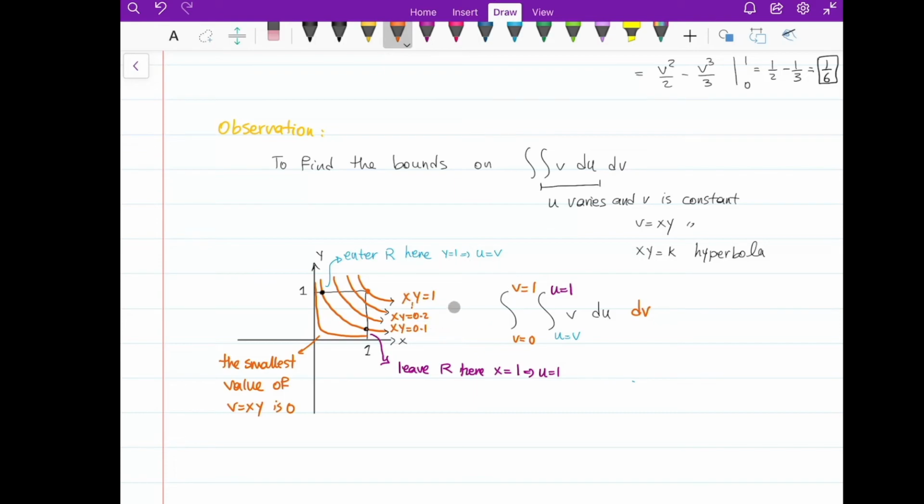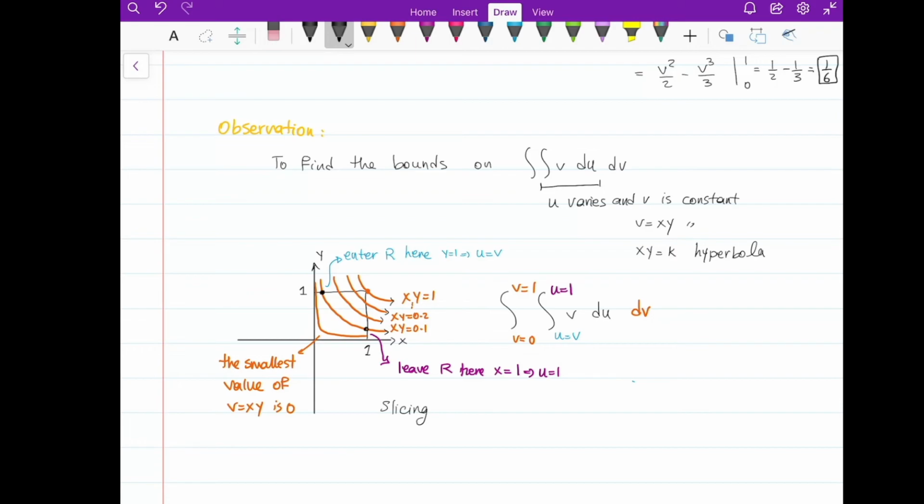So we can set up the bounds like this, and I can say that slicing the UV triangle by horizontal lines corresponds to slicing the region R by hyperbolas. So let me write this.